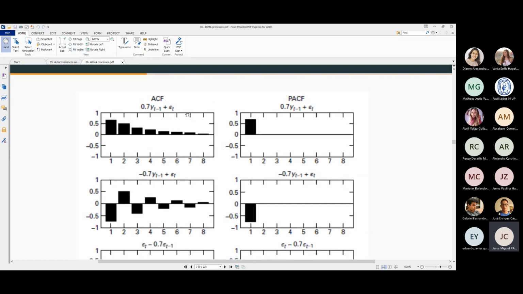In the case of a stationary AR1 with negative coefficient, the PACF will show the same value that is here, but in the opposite direction, because now it's negative. And the ACF also will decrease, but oscillating.